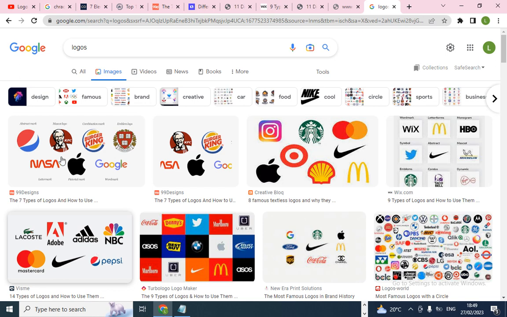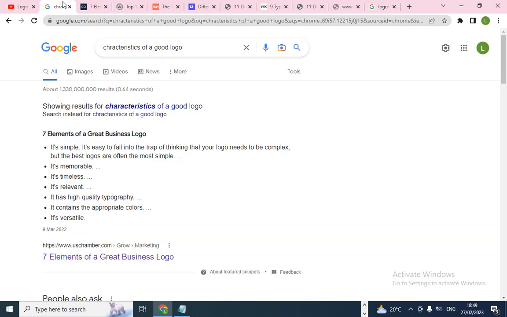Okay, it is always better that before you decide, say a banking company approaches you to design a logo for it, you go into Google and search for bank logos.